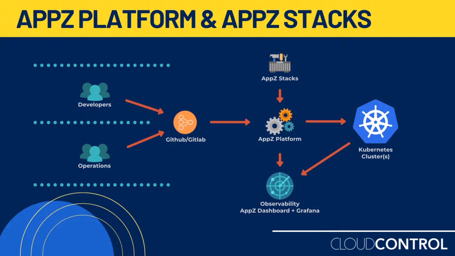Like give me an RDS, give me an EC2 instance, give me a Windows with SQL Server, whatever your need is, you declare your need or your applications in your GitHub or GitLab or any source control system that you use, Bitbucket, it doesn't matter to us.